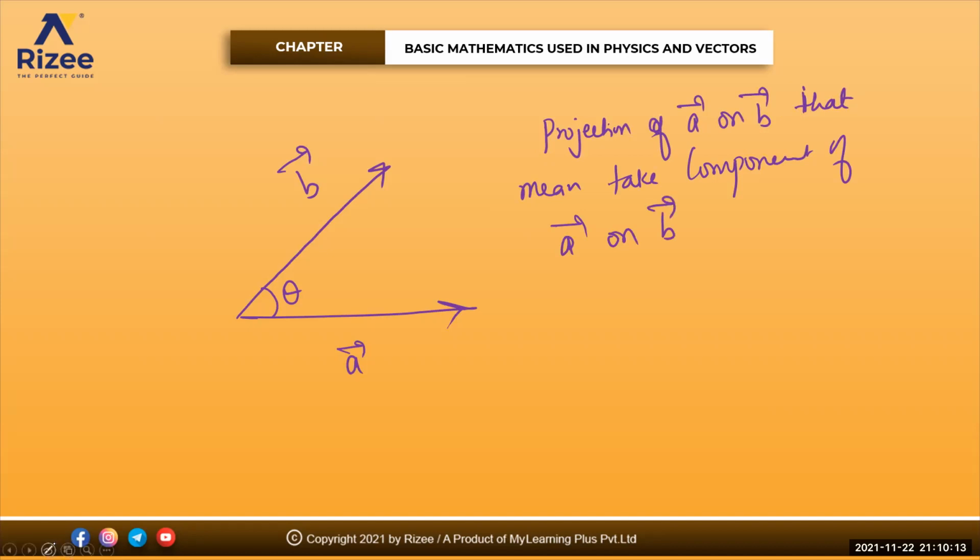Is it clear? Now tell me, what is the component of A bar on B bar? If I resolve the vector, this will be equal to A cos theta. So projection of A bar on B bar means what?